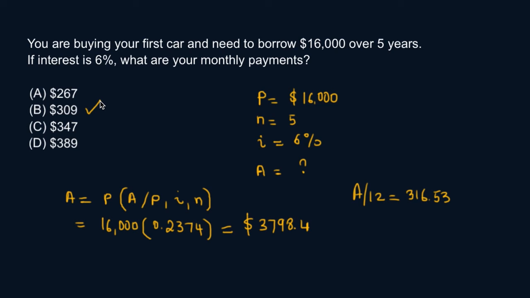So maybe you can try and convert the 6%, because the problem didn't necessarily say if it's an annual rate, but we're assuming that it is. But I thought about doing it because we are asked to find a monthly payment, so I thought about bringing the 6% to a monthly rate and then doing the calculations. But you can try it and see if you come up with the same answer. It should be the same, but I'm not really sure. I didn't try it that way. This is the way I tried it.